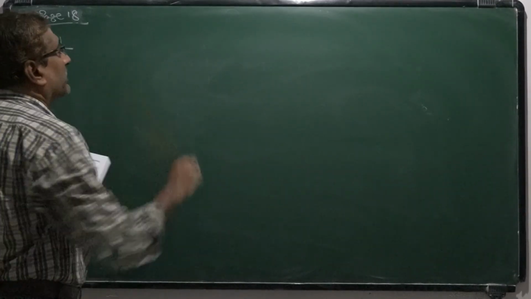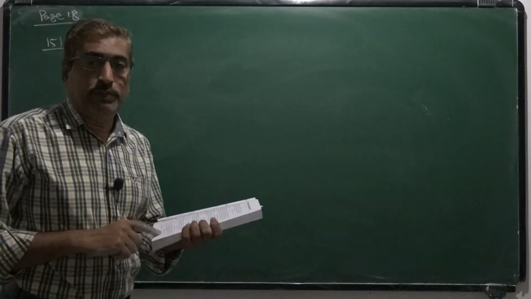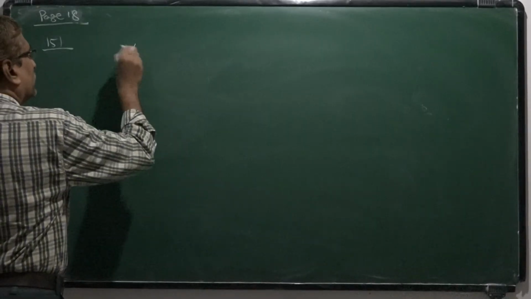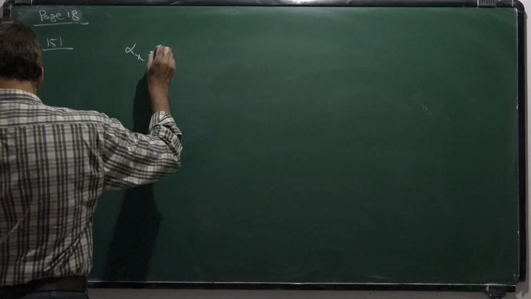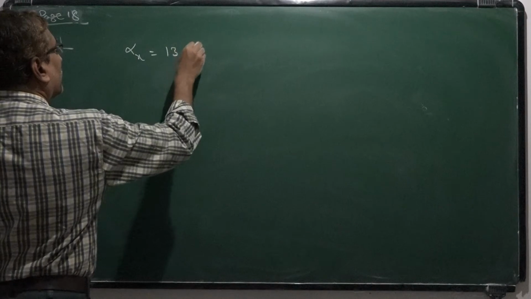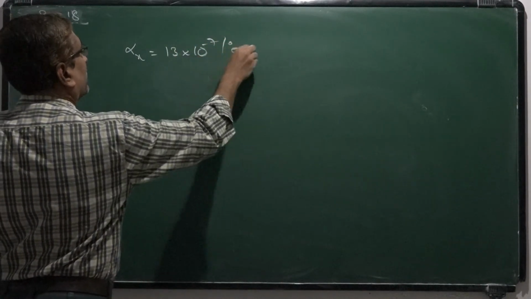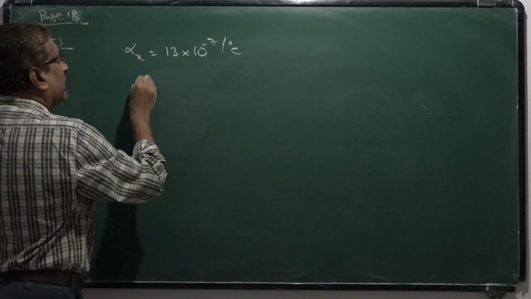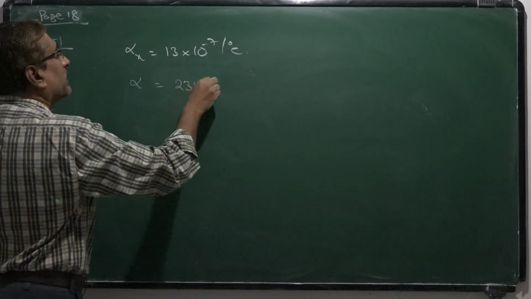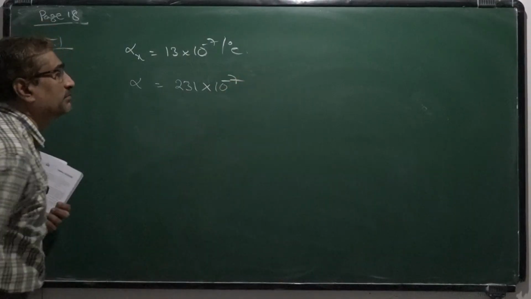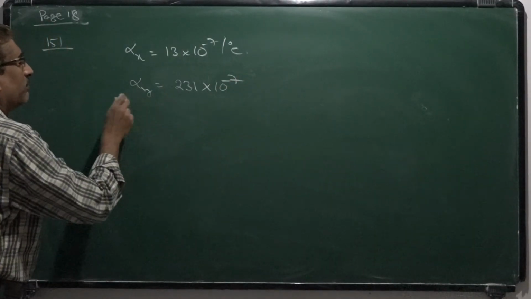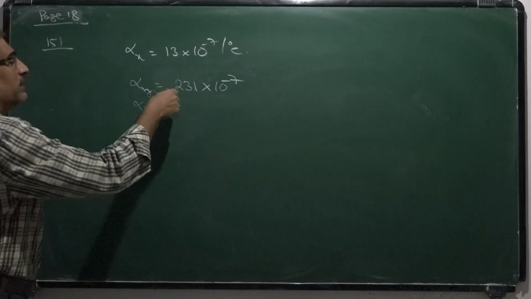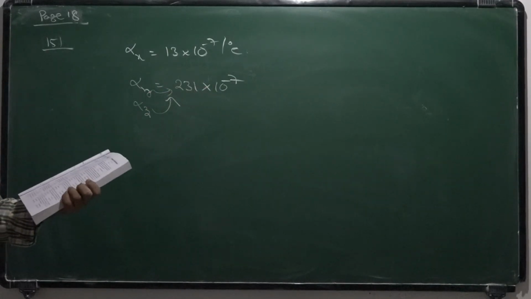So here it is an anisotropic material, so it has three linear coefficients. In one direction, assume that it is alpha x, that is given as 13 into 10 to the power minus 7 per degree centigrade. But in any direction perpendicular to this particular direction, it will possess the same 231 into 10 to the power minus 7. So alpha y and alpha z are equal to 231 per degree centigrade.